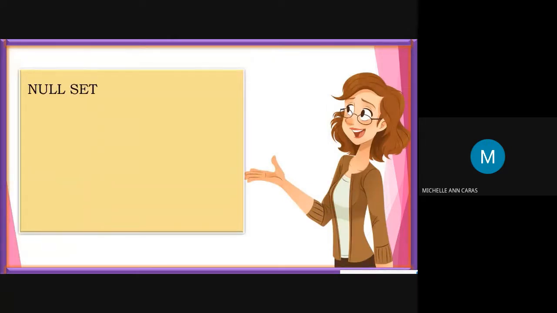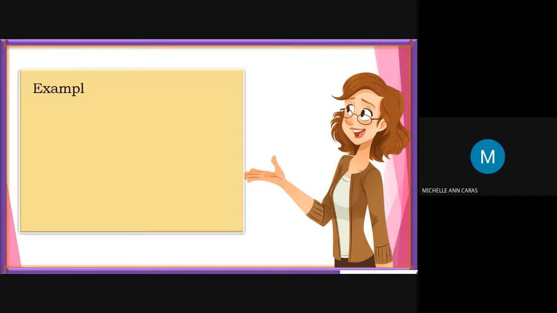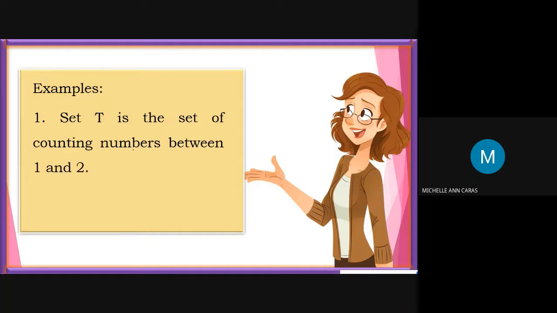Aton nga next topic, and our next topic is all about the null set. So, when I say null set, it refers to a set with no element. Wala na siya sang element, class. It's an empty set or a null set. So, the symbol for empty set is this one, braces, amo ni siyang symbol. Okay? So, example, halimbawa, if you are given set T is the set of counting numbers between 1 and 2. Ano ba itong counting numbers between 1 and 2?